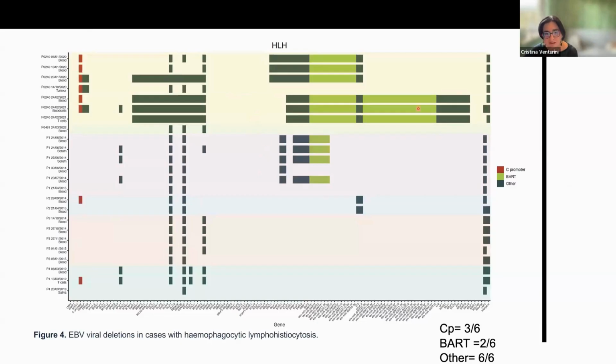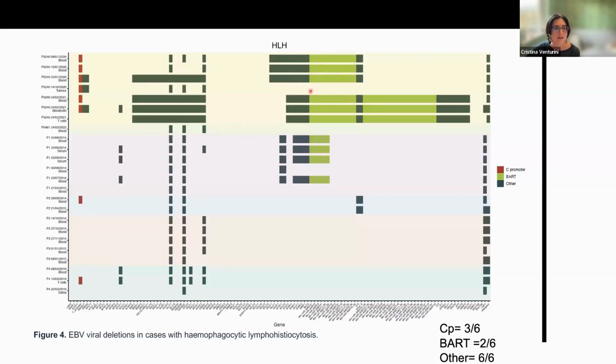We then found that 2 of these patients had the BART microRNA deletion, and all of them had some other type of deletion. I wanted to point out that in this patient in yellow, where we found the BART microRNA deletion, over time the patient started with a specific deletion that was consistent among 3 samples.